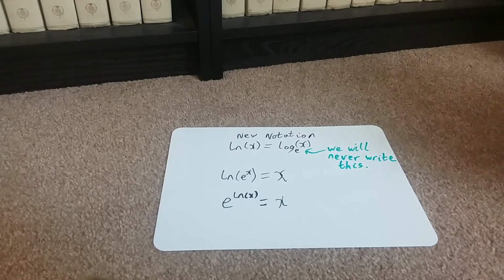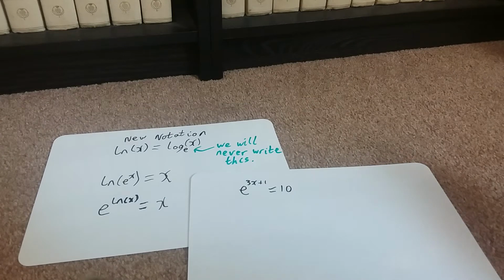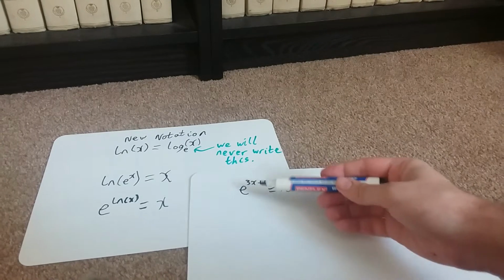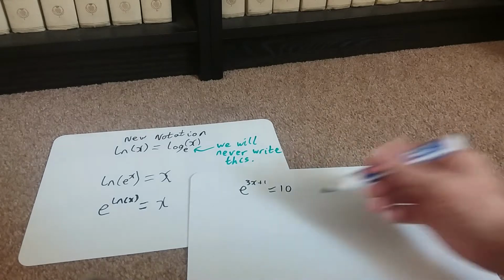Let's have a look at an example. So we've got e to the power of something equals 10. The goal of this is to solve for x. So we need to find the value or values that x equals. Any time that we get to a step where we've got e to the power of something equals a number, if we take log of both sides, natural log, we get this.